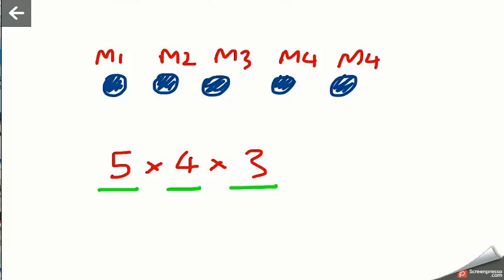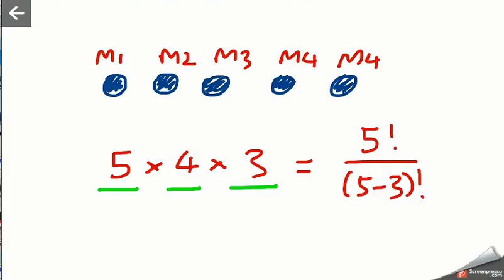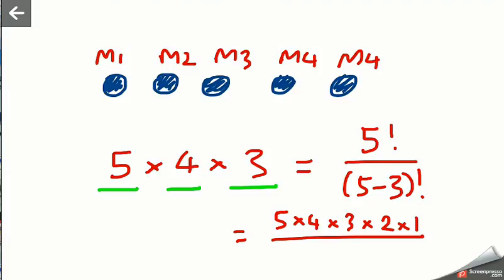And this one considers all of the orders, and that's actually 5 factorial divided by 5 minus 3 factorial, which is 5 times 4 times 3 times 2 times 1 divided by 2 factorial, so divided by 2 times 1. So that 2 times 1 disappears.